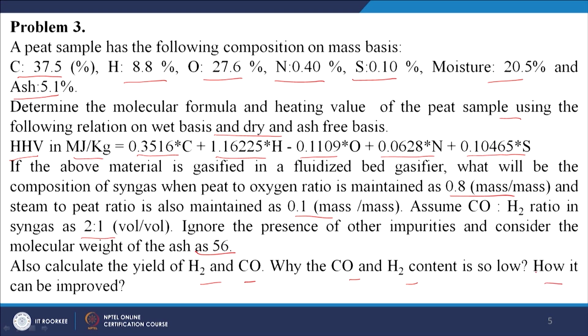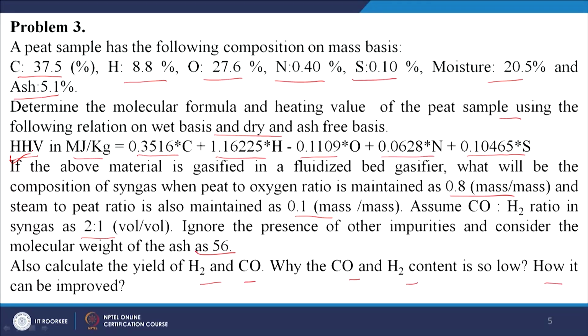So, this is the problem statement. It has a number of parts, so we will be solving this problem step by step. This is a gasification problem and the composition of the sample feedstock is given, and we have to find out the molecular weight and molecular formula of the peat sample first.